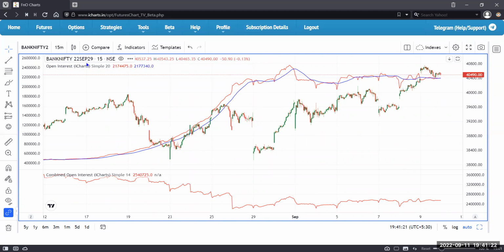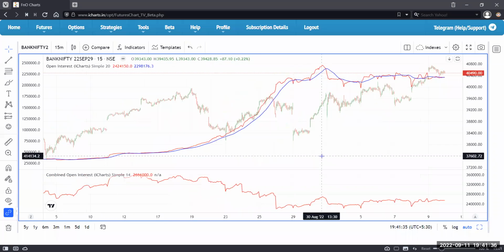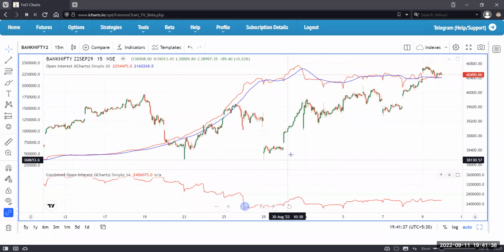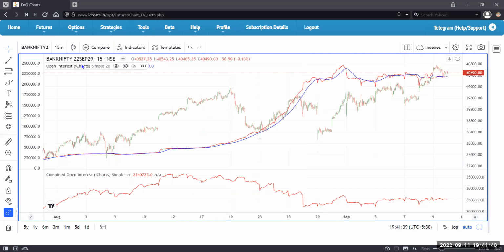Now if you want combined open interest, this is the combined open interest. Combined means all expiries, futures only open interest. This is futures open interest. So if you want to track all futures expiries of Bank Nifty, the three expiries, this is the one.